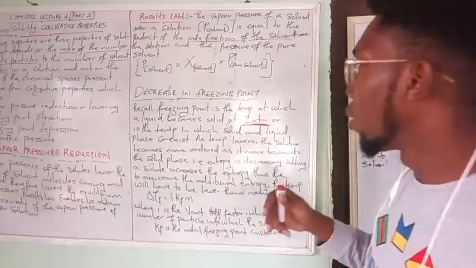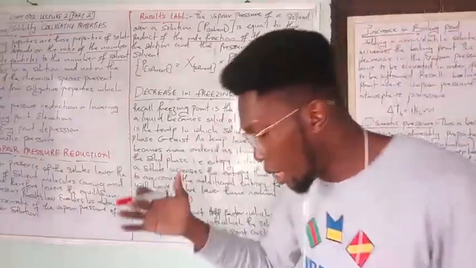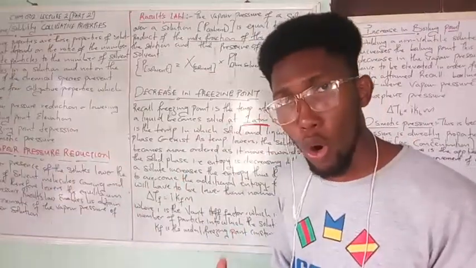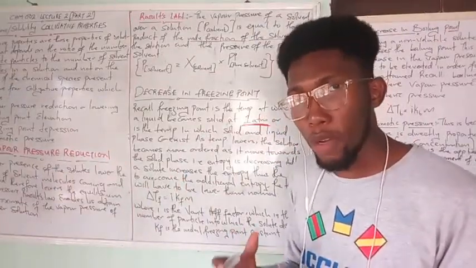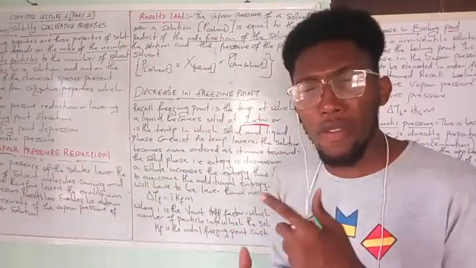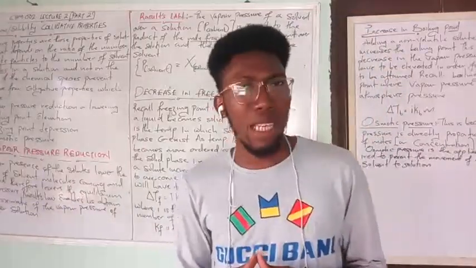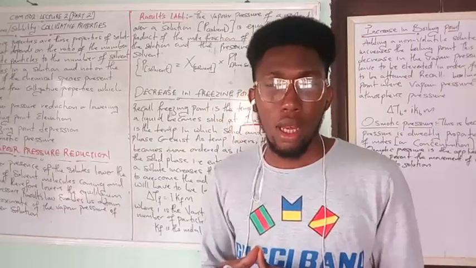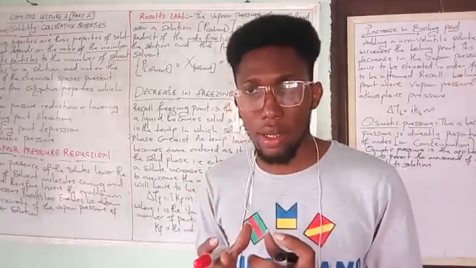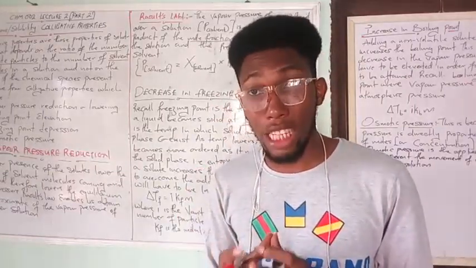Now, normally for the freezing transition to occur, one of the things that basically happens, you must take note, is that there is an increase in the orderliness of that matter.